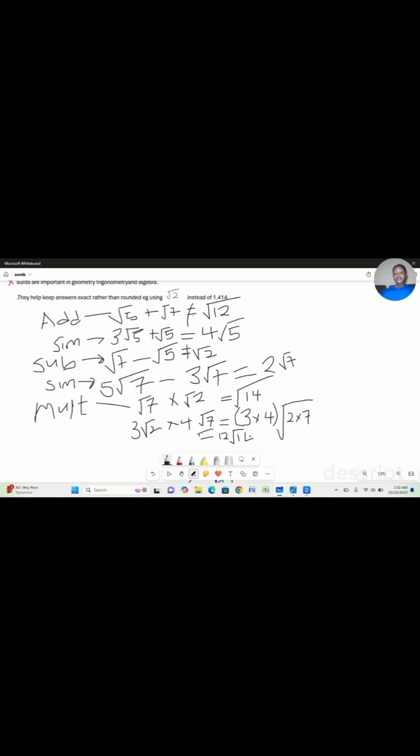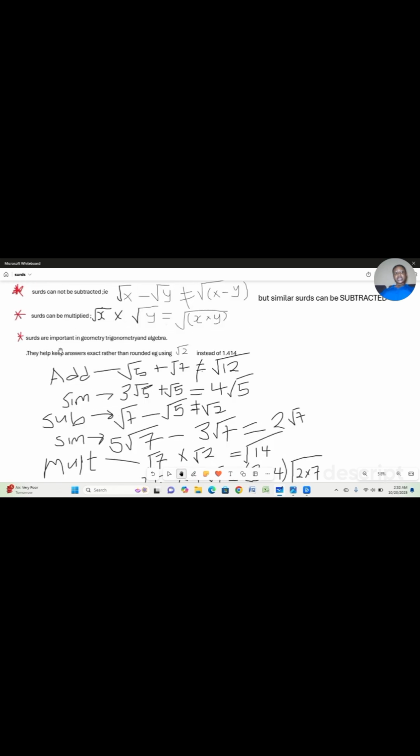So surds are very, very important. They are important in geometry, trigonometry, and algebra. They help keep answers exact rather than rounded, for example root 2 instead of 1.414. That exact value doesn't mean a whole number.